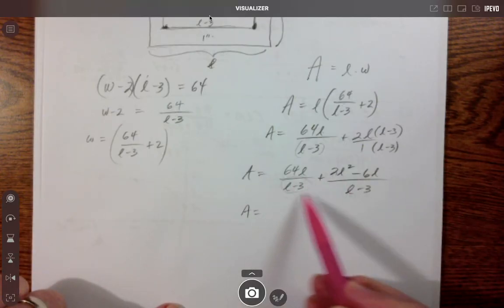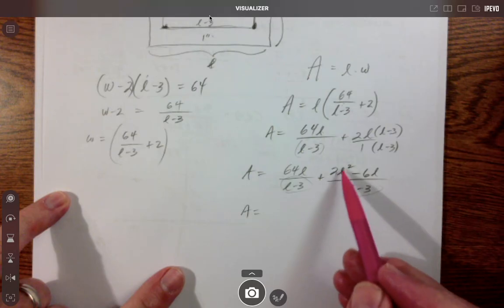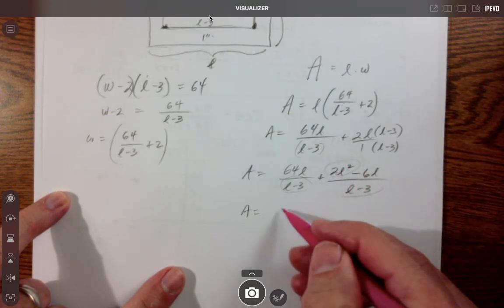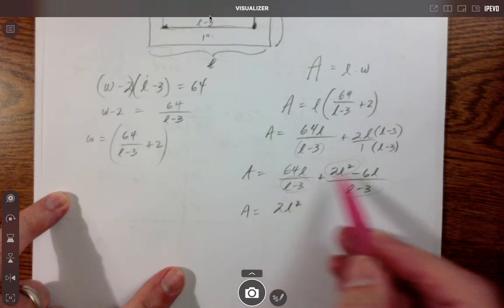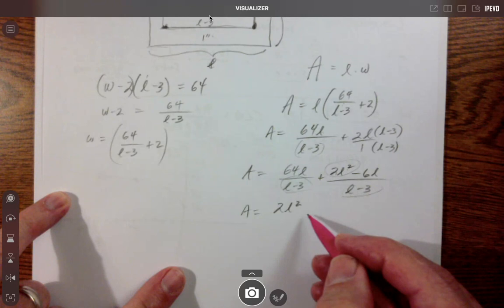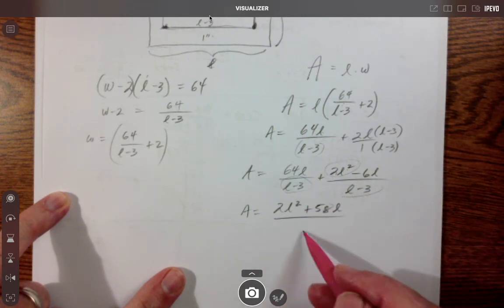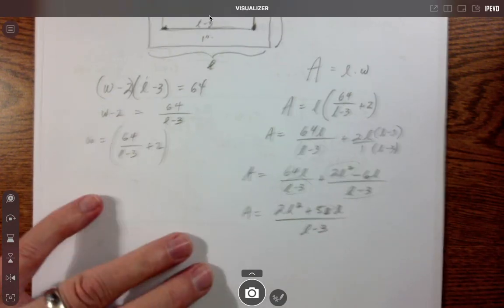And now I've got a common denominator, so I can just make it one big fraction. I'll put this one first because that's the highest coefficient. So that's 2L squared, and then 64L take away 6L is what, 58L over L minus 3.